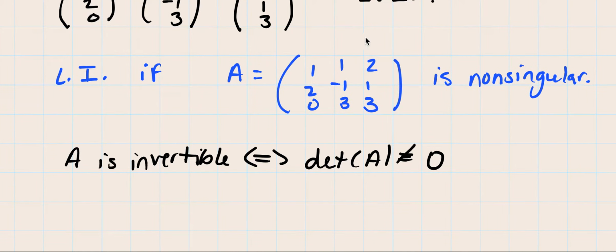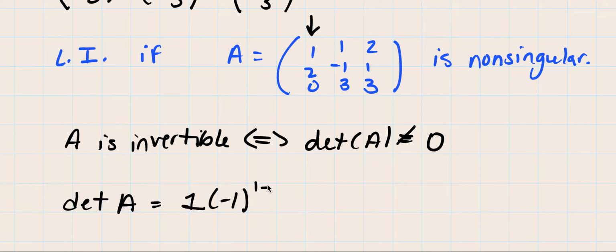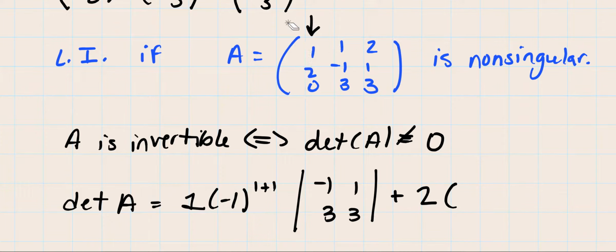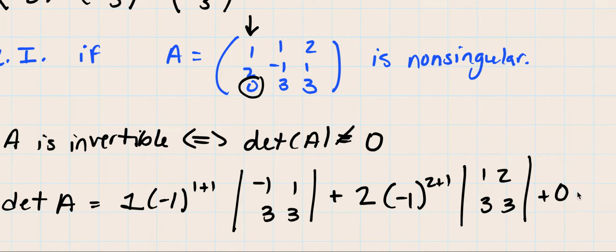So let's see. Let's take the determinant of this matrix. So the determinant of A is equal to, I'm going to go along this column. This is 1, negative 1 to the 1 plus 1, determinant of negative 1, 1, 3, 3, plus 2, negative 1 to the 2 plus 1, determinant of 1, 2, 3, 3, and then plus 0 times some stuff, but 0 times anything is 0.